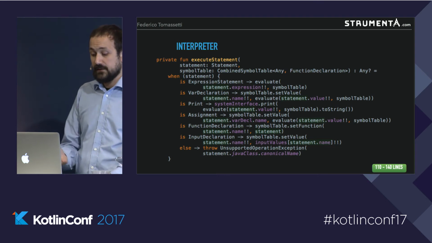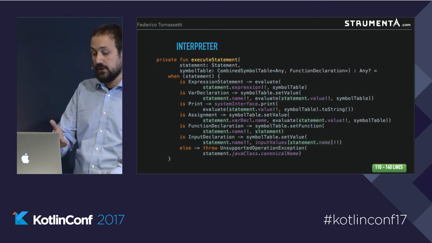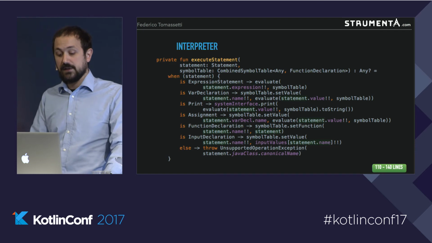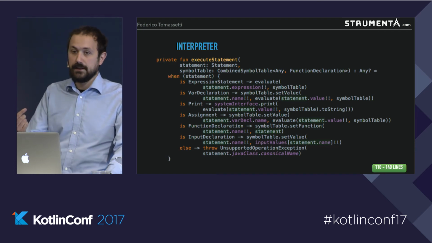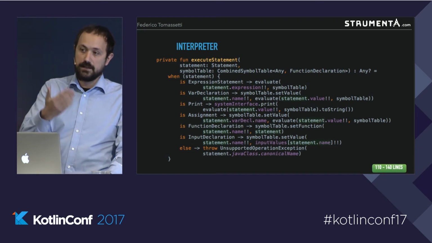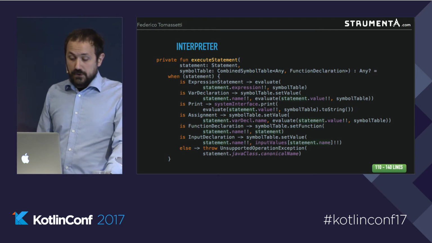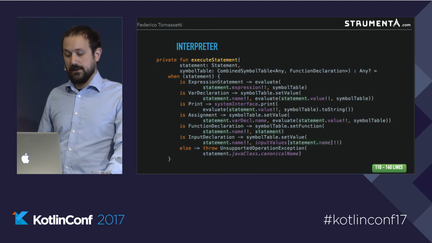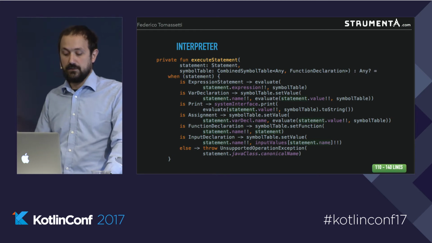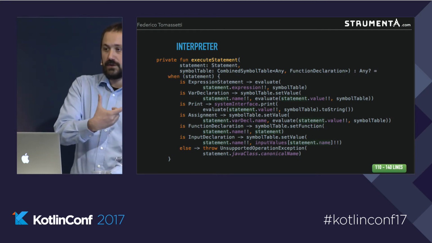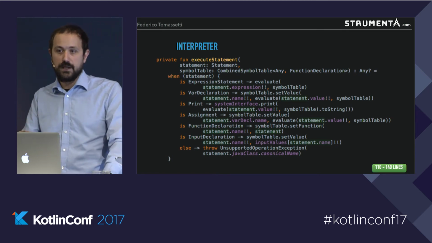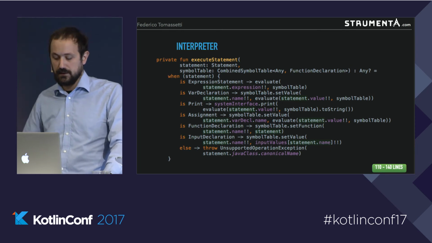An assignment is very similar to a variable declaration. The only difference is that when I have an assignment, I need to update an entry in the symbol table instead of add a new entry in the symbol table. Also, a function declaration needs to write down the definition of the function that I've encountered and associate it with the name of such function, so that later someone called this function, I know which statements to execute.